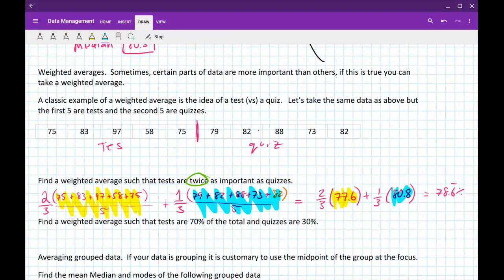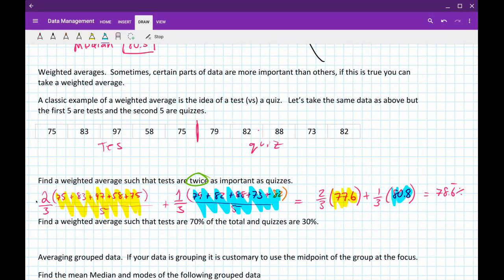And then if you notice, I've left the 2/3 and the 1/3 and the plus sign there. And now you basically multiply this by 2/3, save that answer, multiply this by 1/3, save that answer, and then you add the two for a total of 78.6.